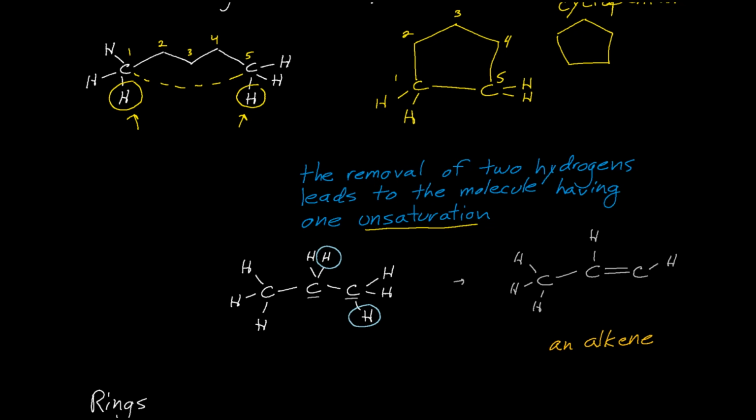And I know you've seen these kinds of compounds if you just page through your book. The book is full of them. This is called an alkene. It's actually the next unit of study in chapter 13. So double bonds are one unsaturation. I guess I should say one double bond is one unsaturation. Double bonds are unsaturations.